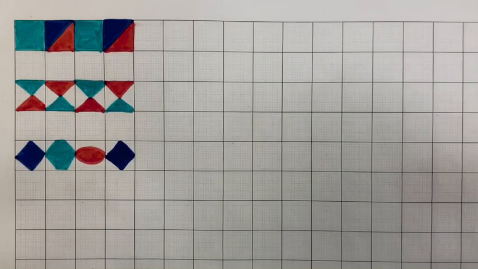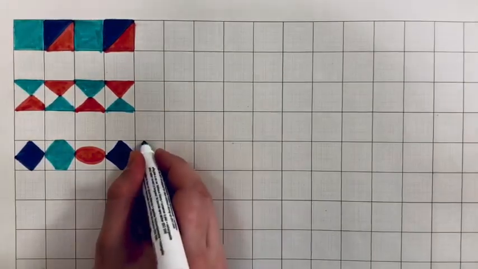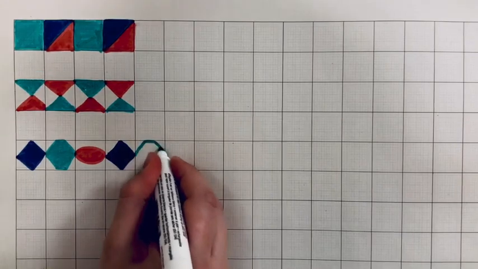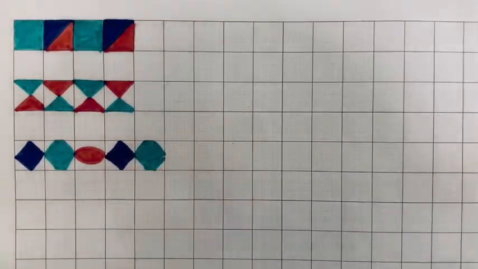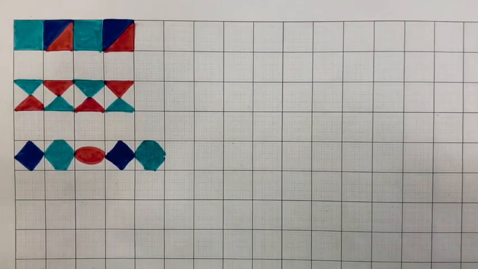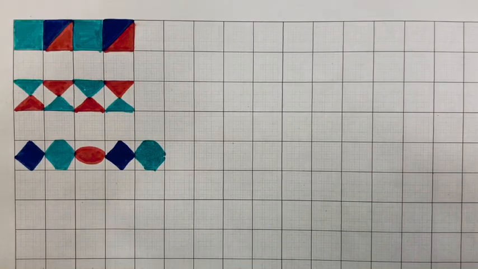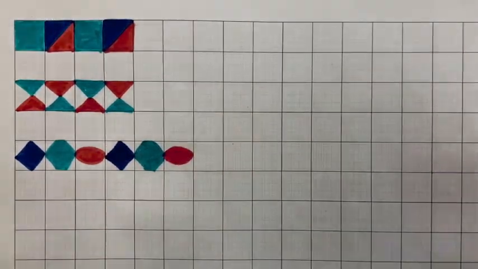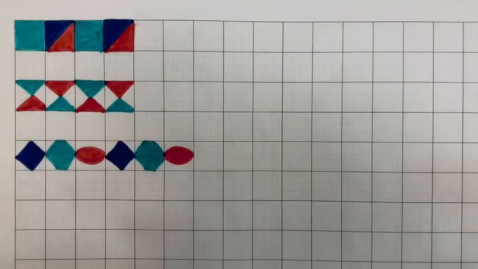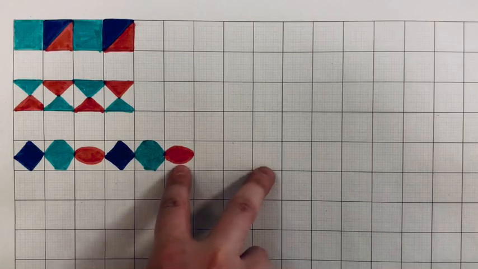Then I know the next square should have a green hexagon inside. And finally, a red oval. So I can use this grid to continue my complex pattern.